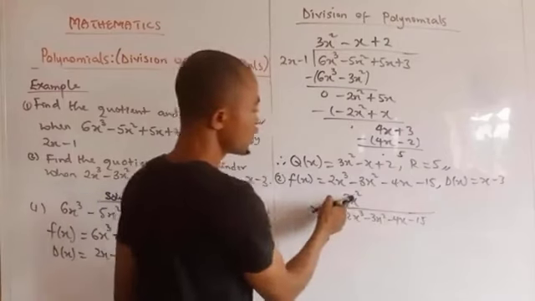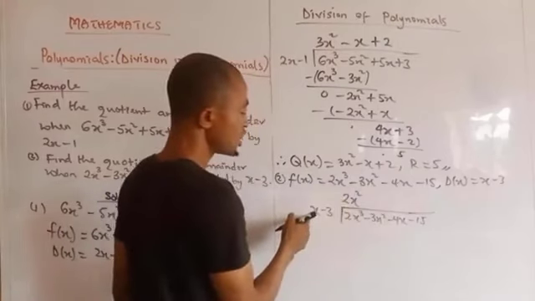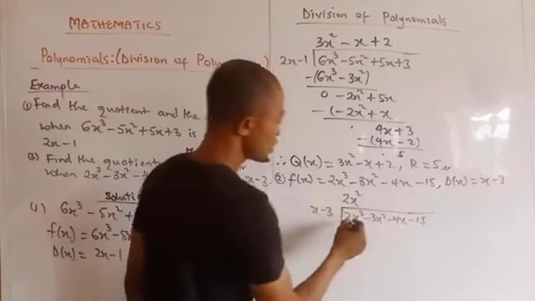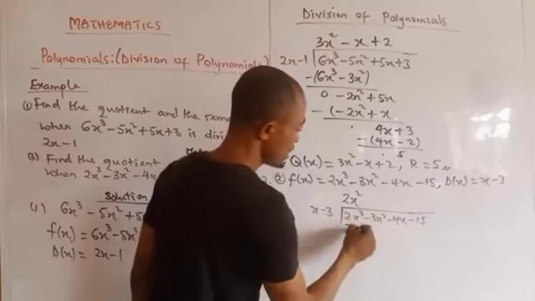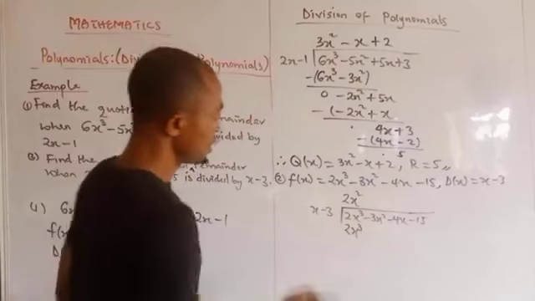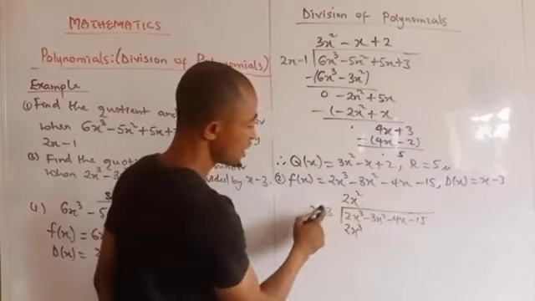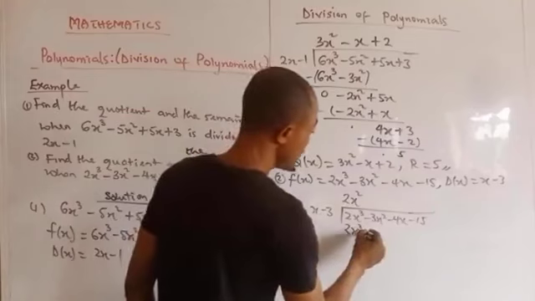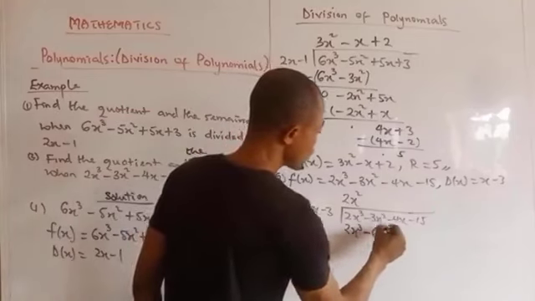Then 2x squared multiplied by x is going to give us 2x cubed. Then 2x squared again multiplied by negative 3 will give us negative 6x squared.